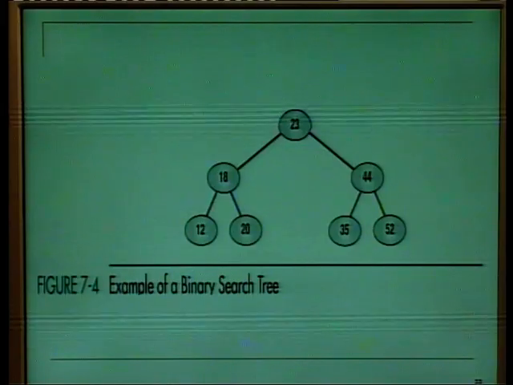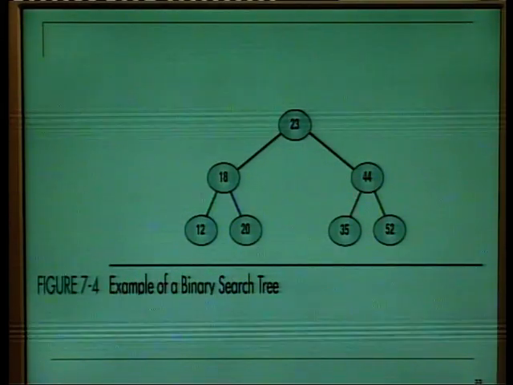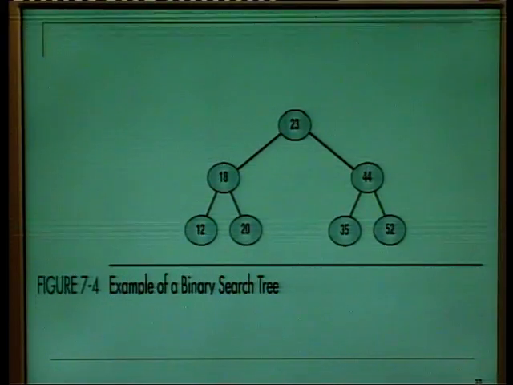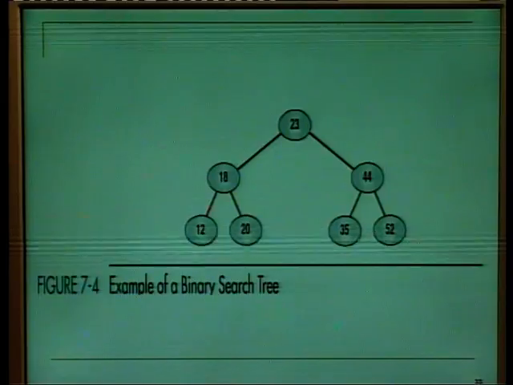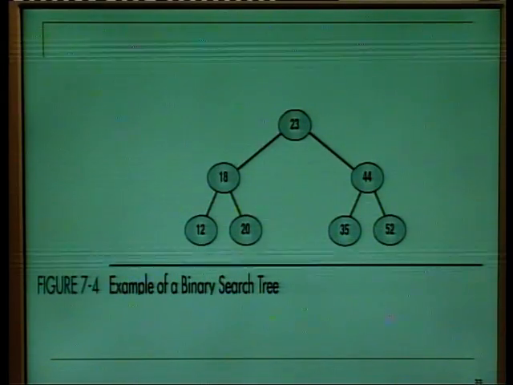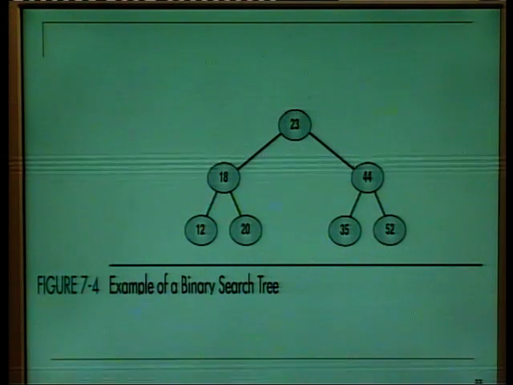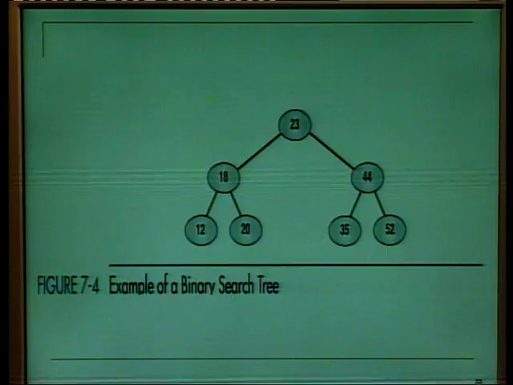The subtree having root value 18 has again 2 nodes, left is 12 and right is 20. So it fulfills the criteria of a binary search tree. Every right node has value greater than root, and every left subtree or subnode has value less than root.